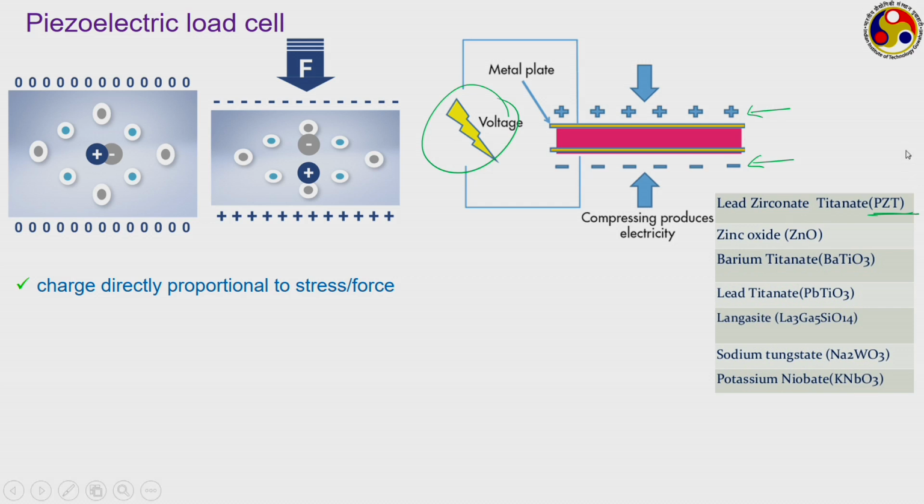Now, the biggest advantage that we get with piezoelectric load cells is charge being directly proportional to the force. Of course, we need some kind of mathematical relation for this, but generally that is provided by the manufacturer, and therefore, once we measure this charge by means of the external circuitry, we can directly get the value of the force. Another big advantage is that the output is independent of the size of the sensor.